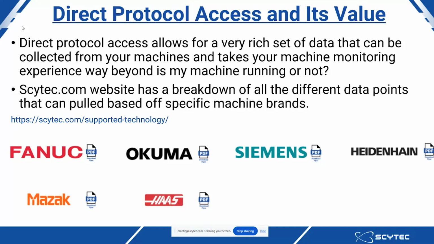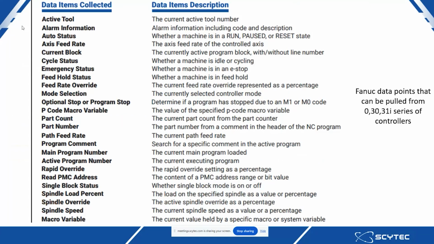When we connect to these machine protocols and pull information off of them, this goes way beyond is my machine running or not running. And on our website, you can see a breakdown in PDF form of all of the different data items that are collected off of a certain machine brand protocol and a description of them as well.